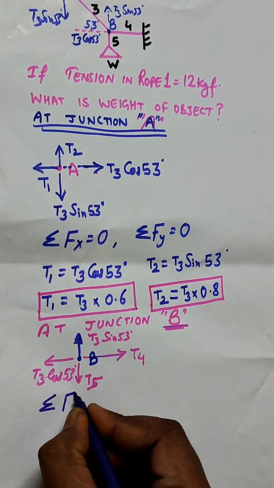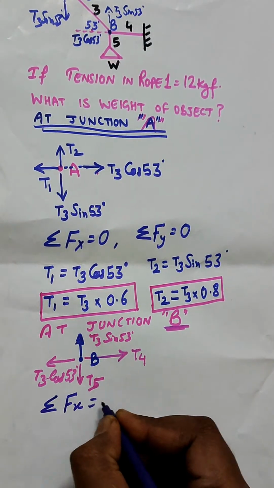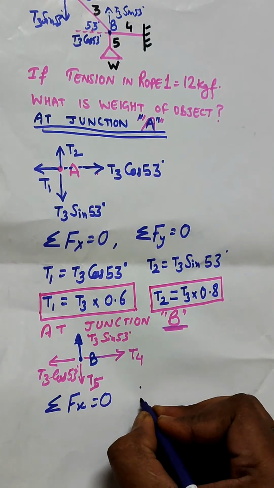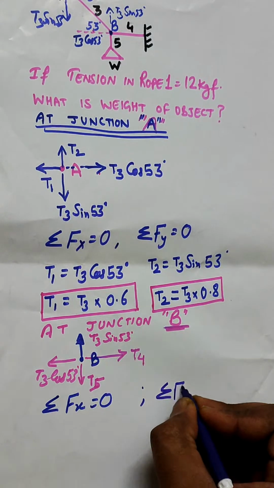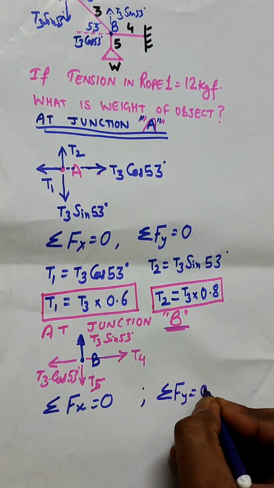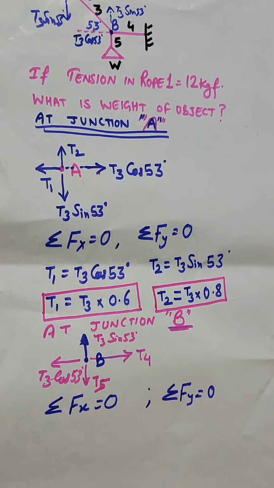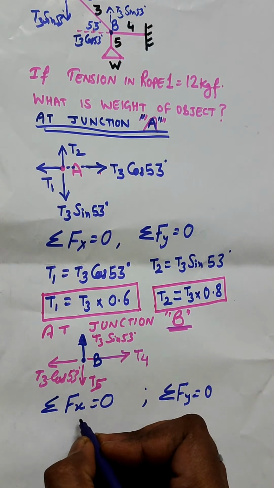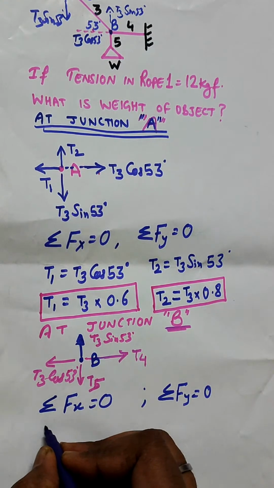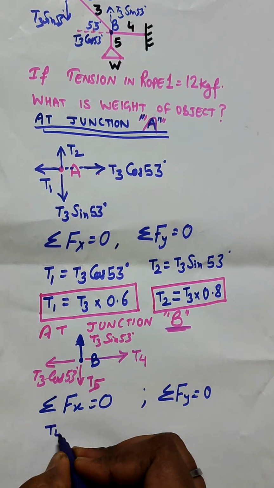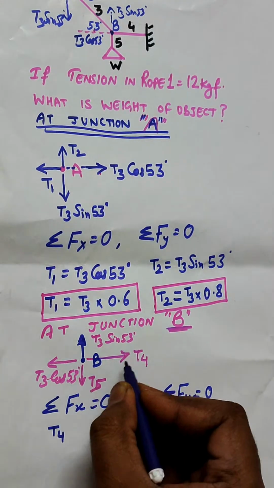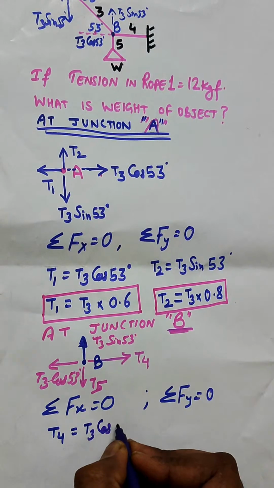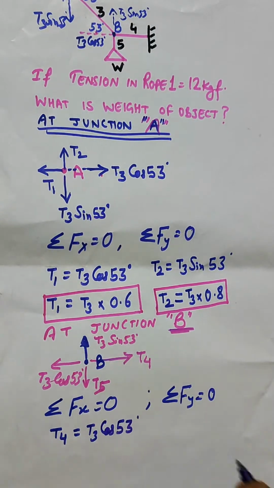Since summation Fx is equal to 0, all the forces acting horizontally and the forces acting vertically should be equal to 0, right? When you equate the horizontal forces, you get T4 is equal to T3 cos 53.